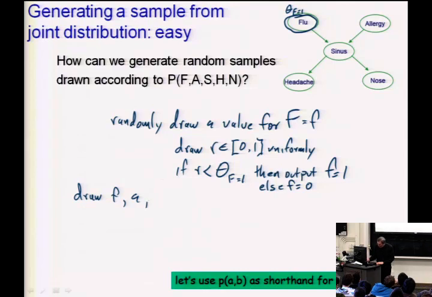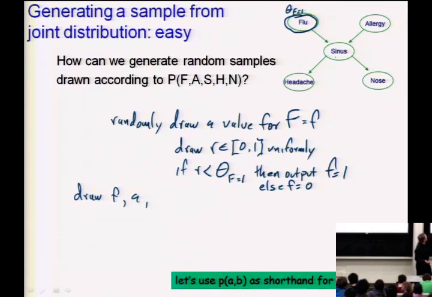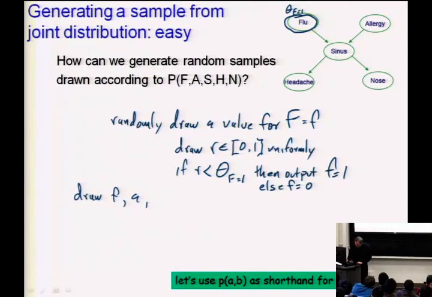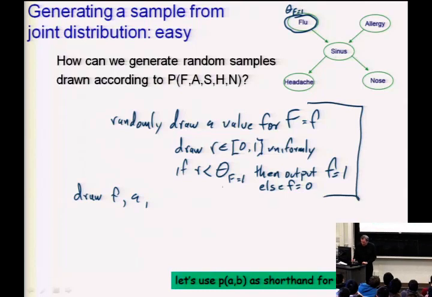And now we want to draw a value for S, but of course now S is conditioned on F and A. Fortunately, we already have a value for F and A. So now we just do the same kind of procedure, only we pick our theta out of the appropriate row in this conditional probability table.